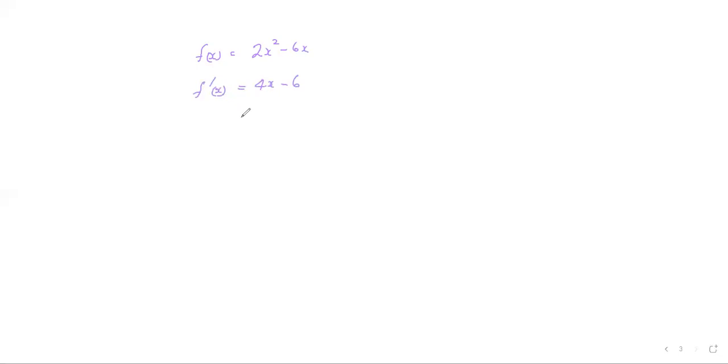So the gradient at 6 will be 4 times 6 minus 6.